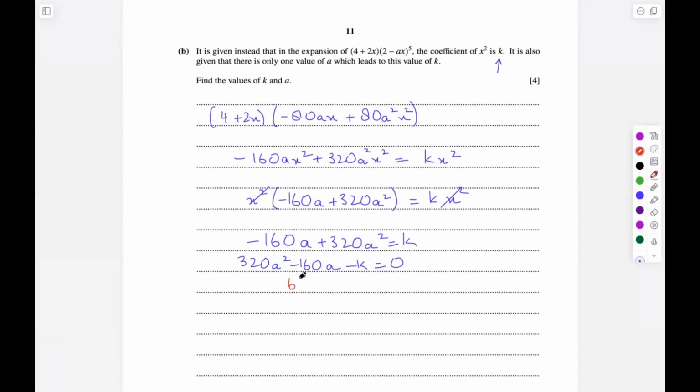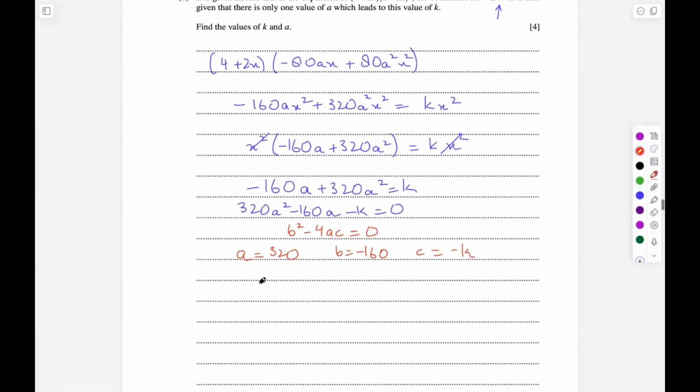So this will be b squared - 4ac, and it will be equal to 0, as there is only one value of a. So the b value will be -160, the a value is 320, and the c value will be -k.